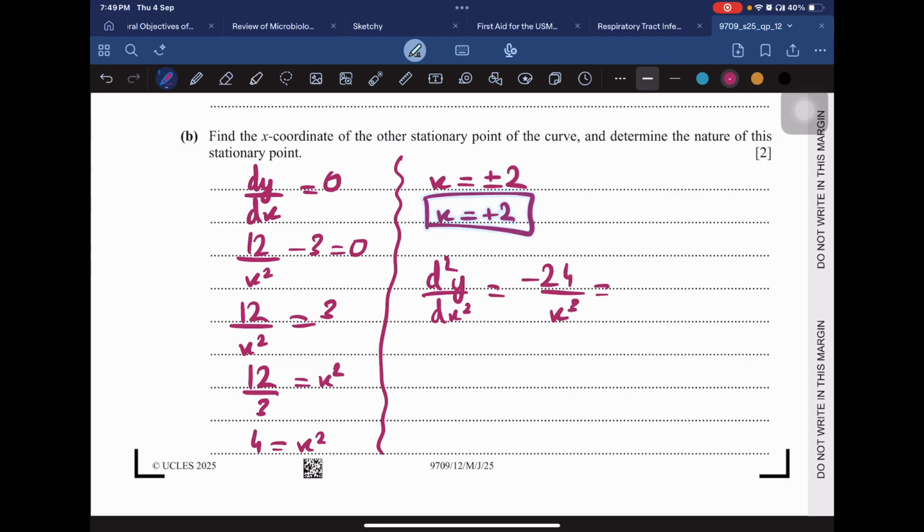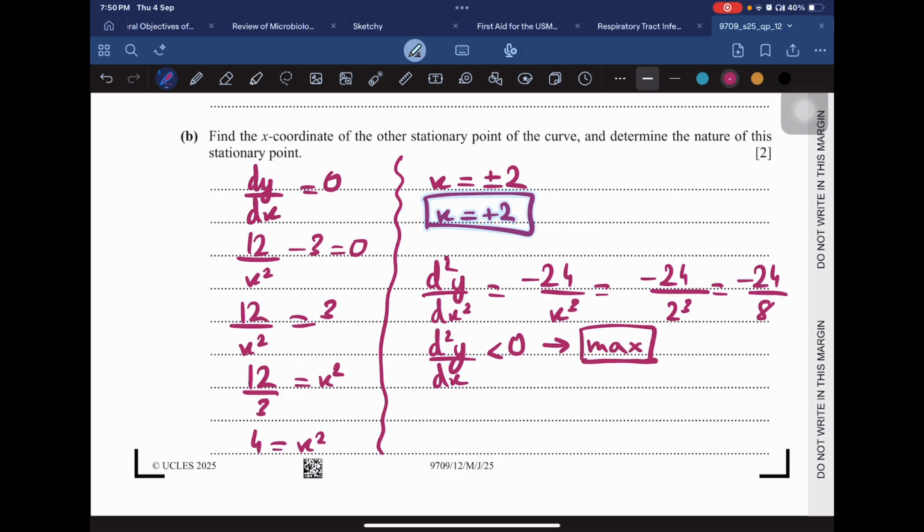So for x equals 2, we'll input 2 in place of x. 2 cubed is 8, so this will be negative 24 upon 8. So d square y over dx squared is less than 0, which means that it is a maximum point. I hope this is clear.